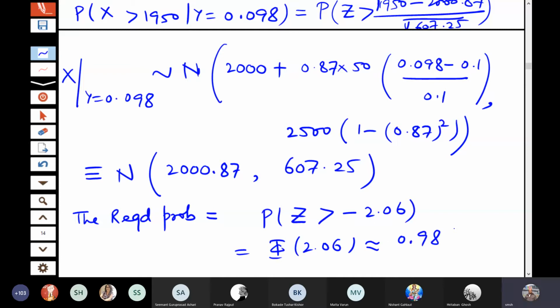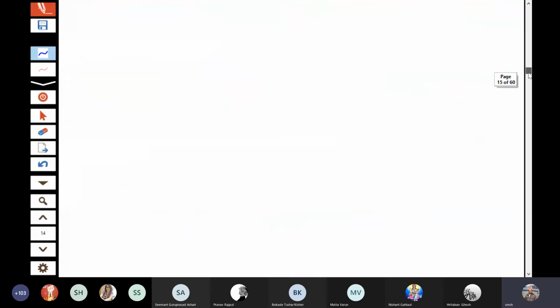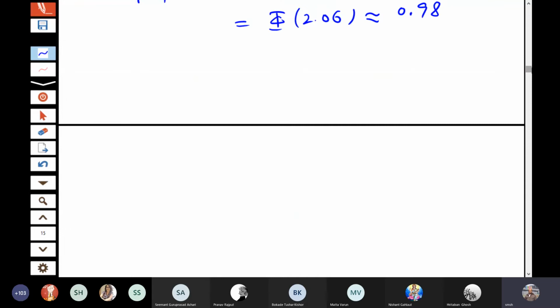Before I find the expression for rho here, let us do one result regarding the joint distributions. The result is as follows. If I want to calculate any joint moments, I have to integrate with respect to x and then with respect to y from the joint distribution. I can do this in an iterative way also.